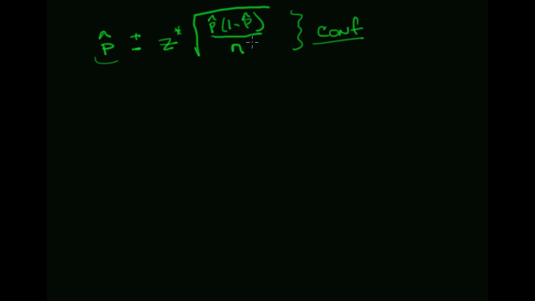This number, the z star, is going to be determined by my level of confidence, right? How confident I am that the actual population proportion lies within this interval. So let's give an example.